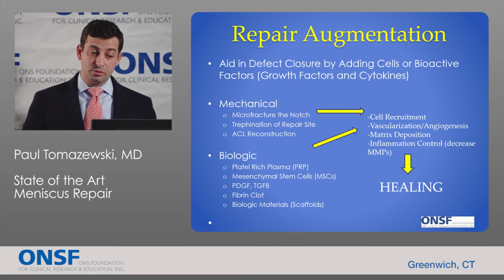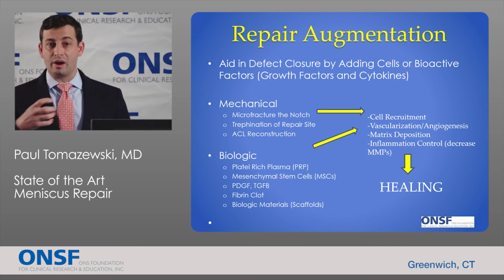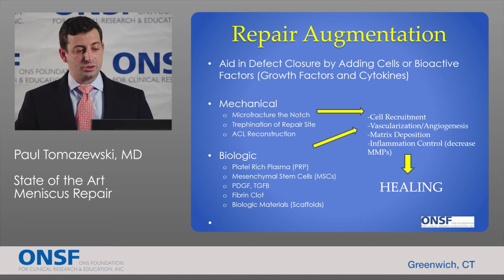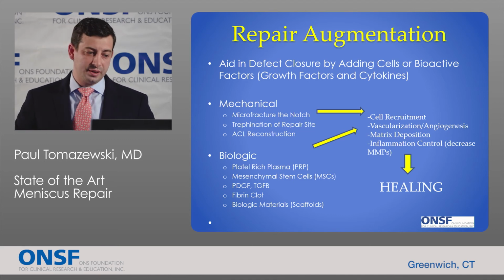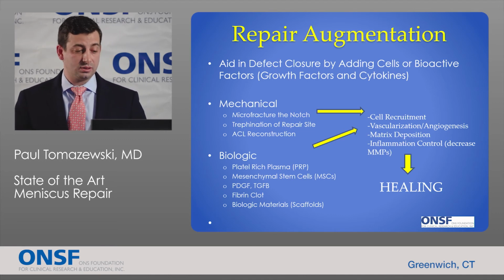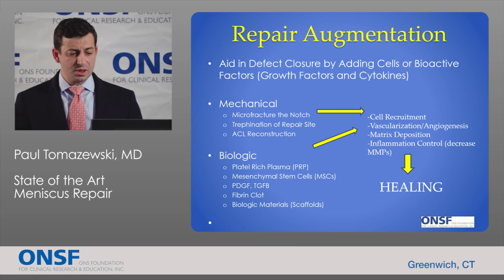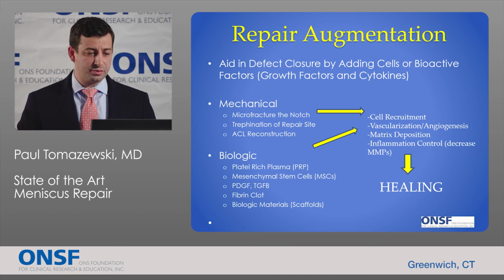We can do this mechanically through microfracture, which is allowing marrow elements to egress, usually done in the notch of the knee, trephination or poking holes in the repair site, and with a concomitant ACL reconstruction. Biologically, we can add PRP, mesenchymal stem cells, fibrin clot, or other types of cytokines and growth factors.